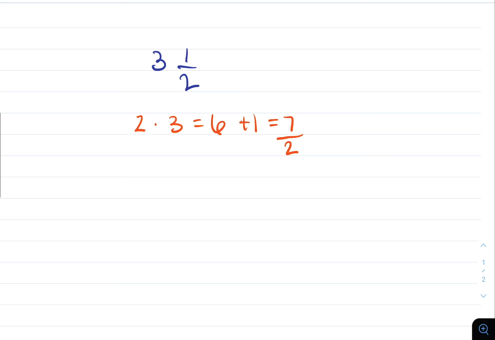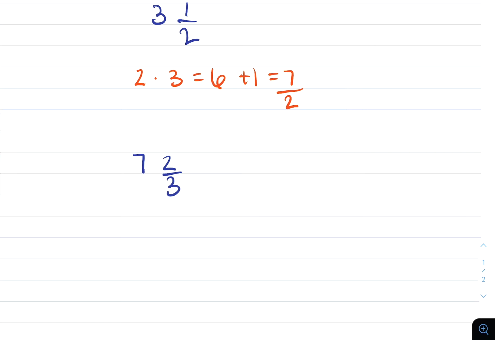Let's look at one more example. So why don't we do 7 and 2/3. So let's think about those steps again. We are going to multiply our denominator by the whole number portion. So we have 3 times 7 equals 21.